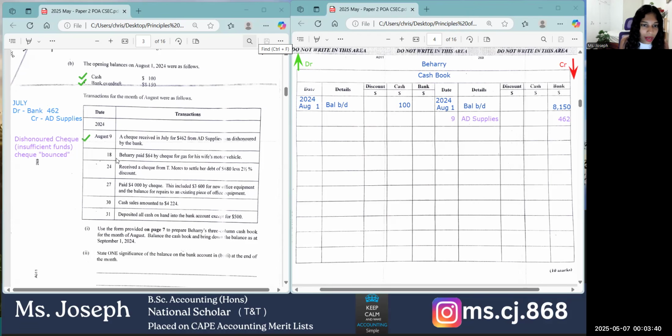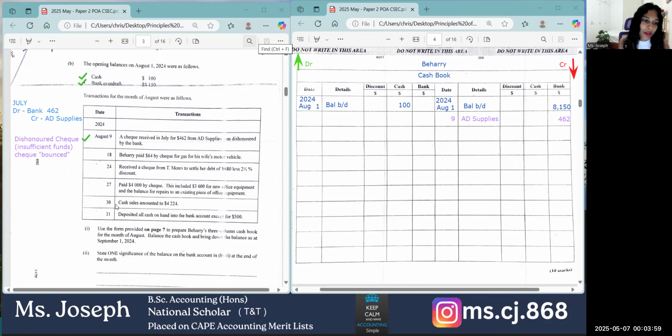Next up, we have B. Harry, who is the owner of the business, paid $64 by check for gas for his wife's motor vehicle. Not for the business's motor vehicle, but for his wife. This is a personal transaction.